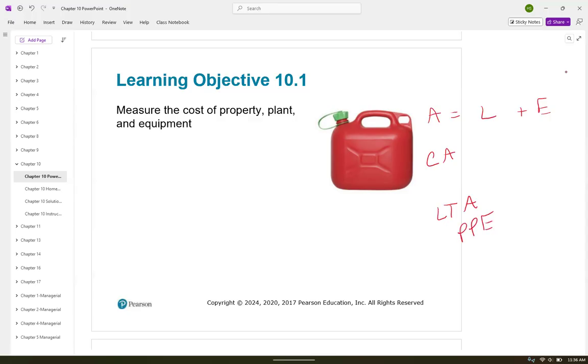This is your land, your building, your vehicles. They are tangible. You can touch them, feel them. There are intangibles we'll get to later on in this chapter, but first, measuring the cost of those items.